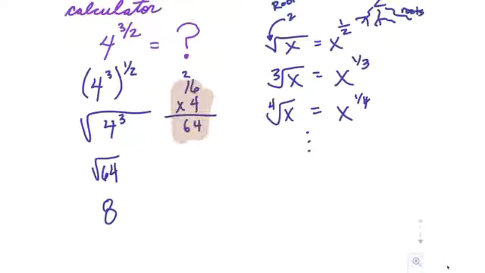Now, when you have a calculator, the calculator doesn't care if you make numbers big and then make them small. But if you're doing it without a calculator, going big and then going small might be a little bit challenging. Okay? So, let me ask you this. Is multiplication commutative? What does commutative mean?